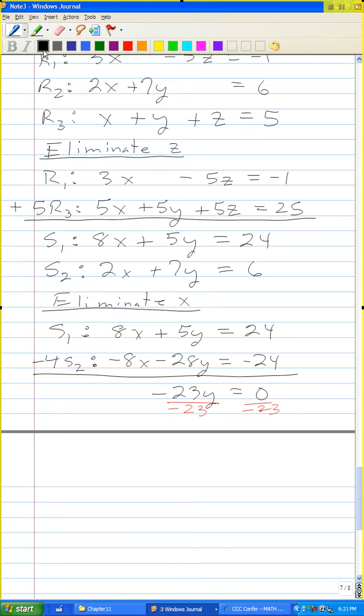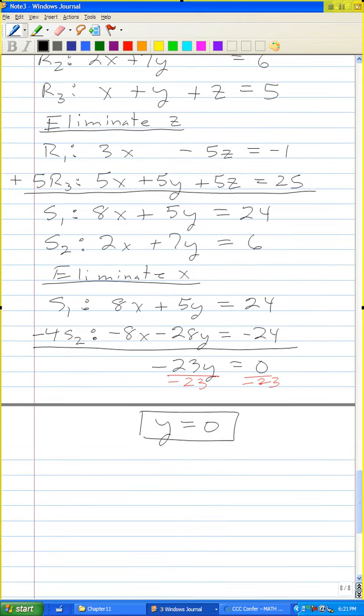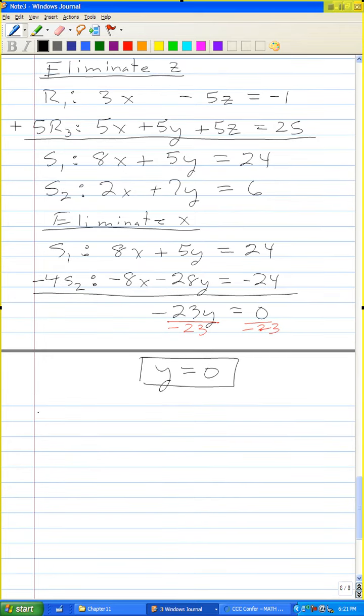And so I get that y is 0. And so let's use S1 to determine x. 8x plus 5 times 0 equals 24. So 8x is equal to 24.